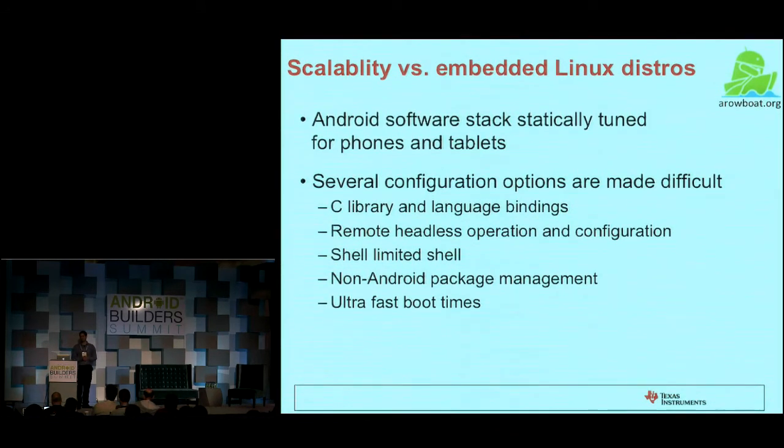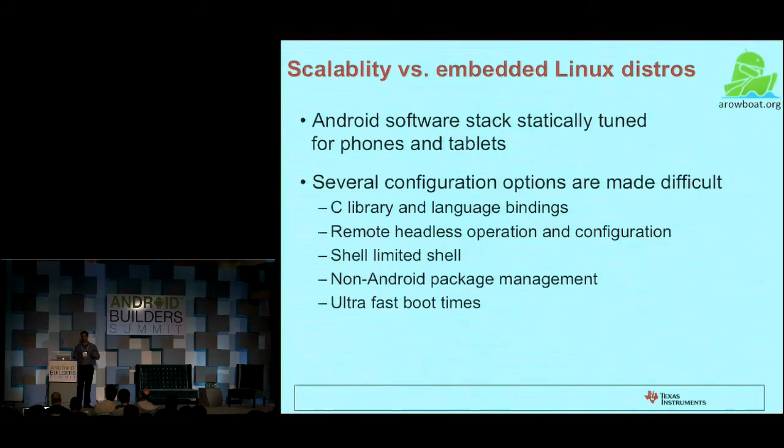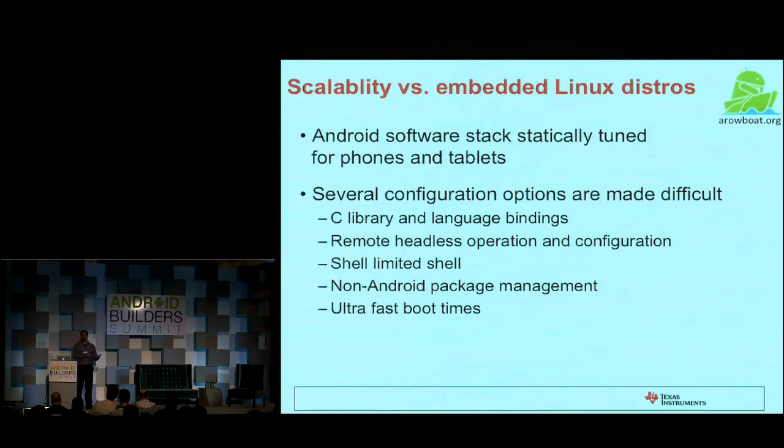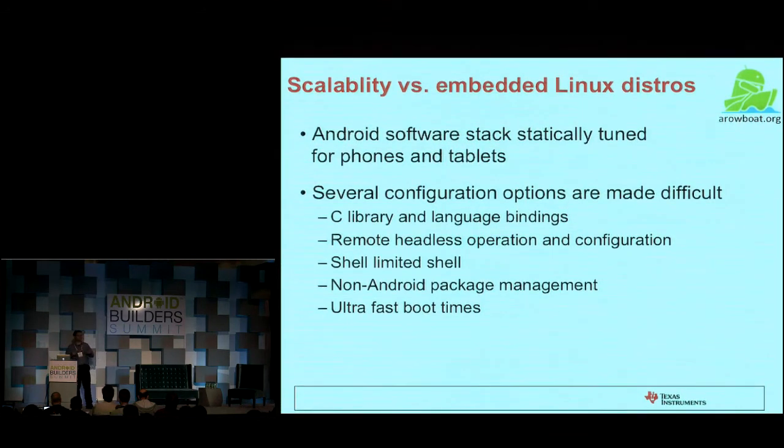And one of the use cases we had for the Beagle Bone, which is another ARM development system, was that we wanted really fast boot so that you plug it in and it shows up as a drive within a few seconds. That's not something you can easily do with Android because it makes all these assumptions about things you want to do in the system around boot in the user space.